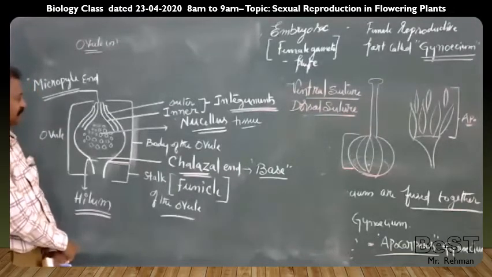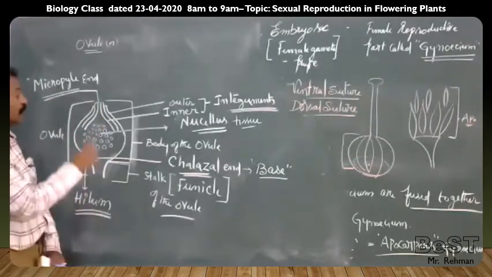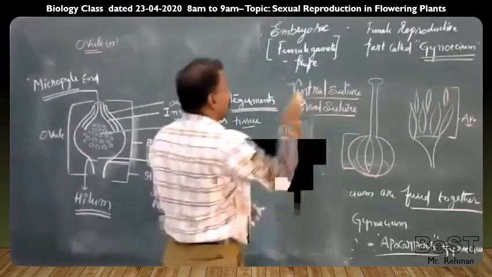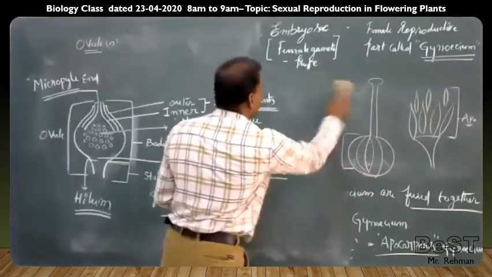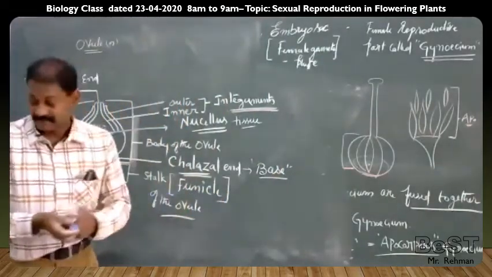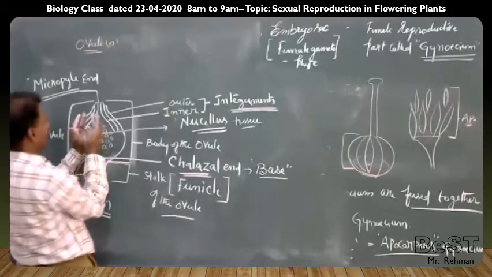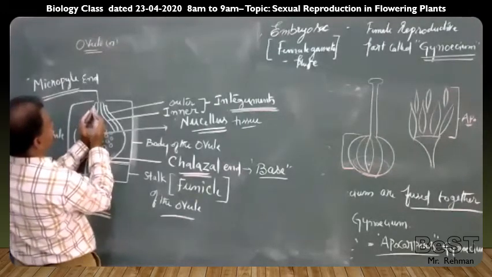Now, the same concept. Most of the angiospermic plants, the commonly available is, see this. This is an ovule with a structure like this.